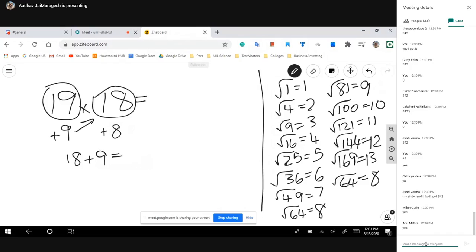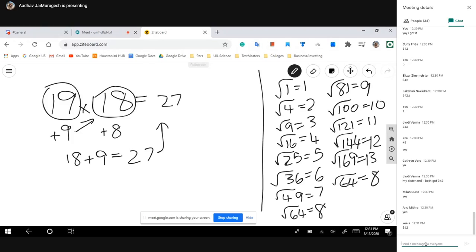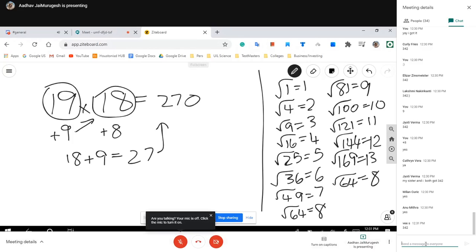To add 9 and 18, you're gonna get an answer of 27. You're gonna put a 27 over here, and if it helps, you can always put a 0 over here. Then you're going to multiply 9 and 8. You're gonna take these two numbers and multiply them with each other.